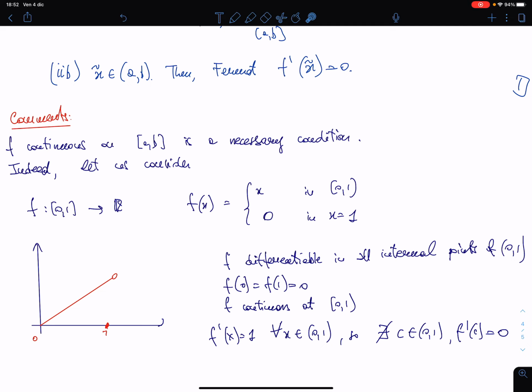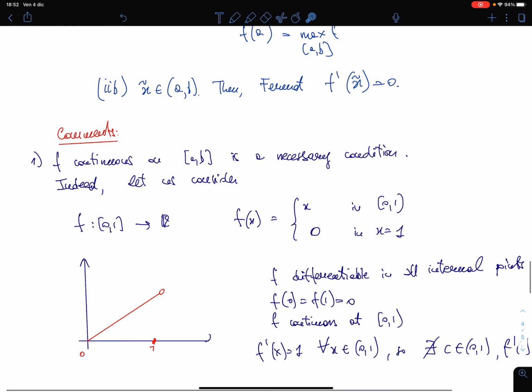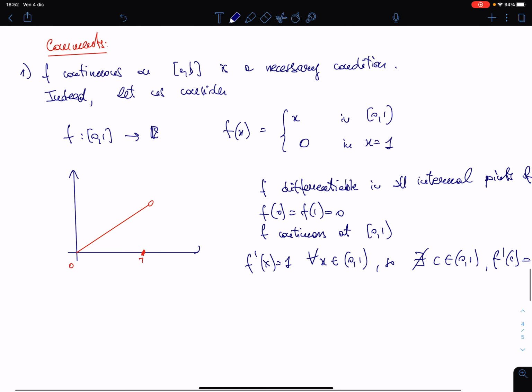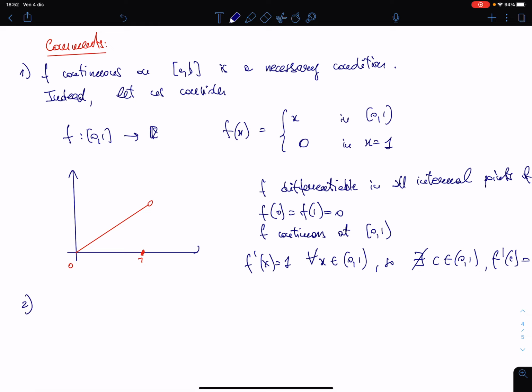The second comment is that f differentiable in the whole open interval (a,b) is a necessary hypothesis.